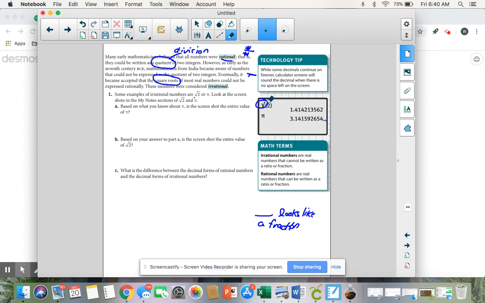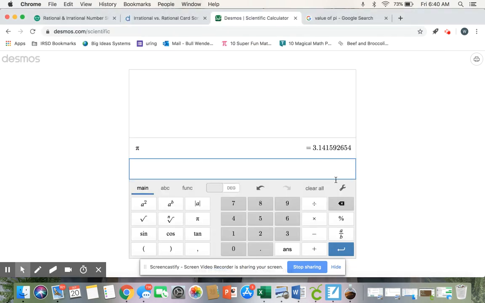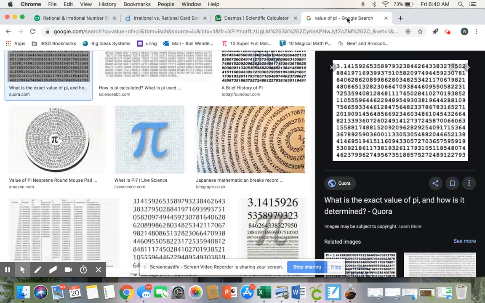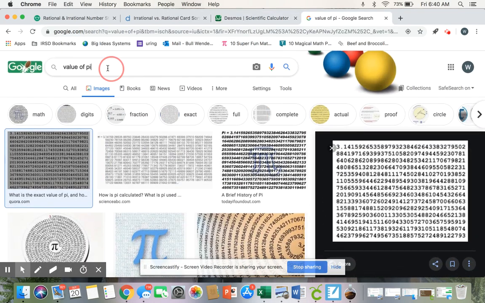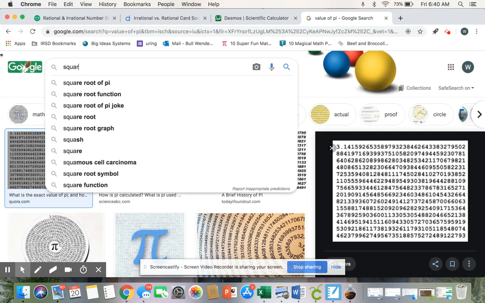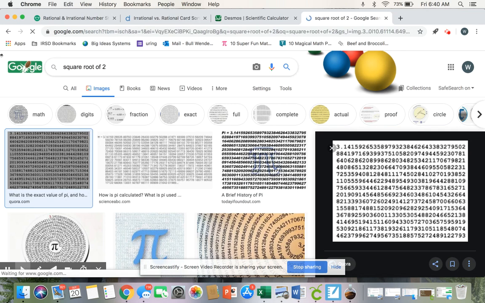Now I'm going to put in my calculator the square root of 2. Once again, I get a number, and it looks like the calculator cut it off there too. But I'm going to Google it. Square root of 2.